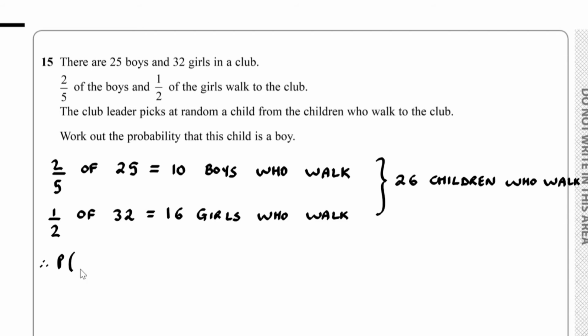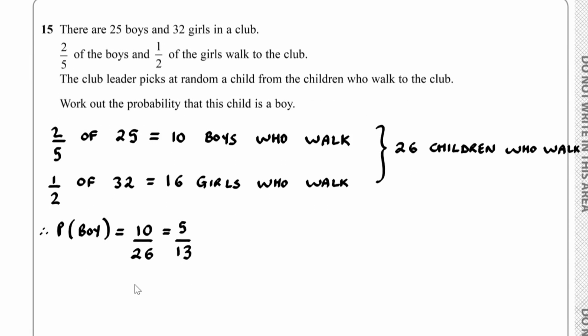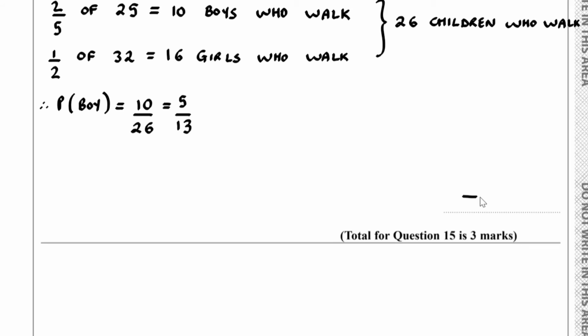And therefore the probability that the child is a boy, well, we've got 10 out of 26, which is equal to 5 out of 13. So 5/13 is the probability that the child is a boy.